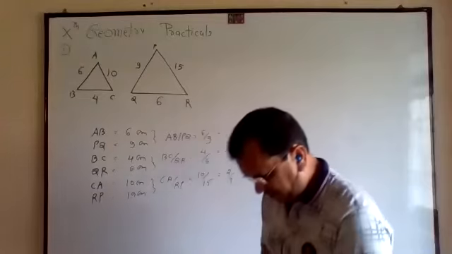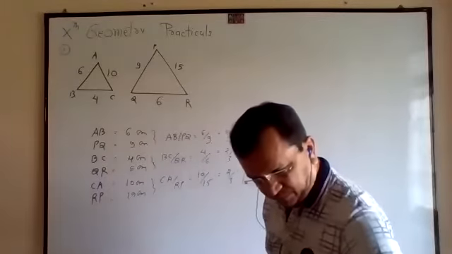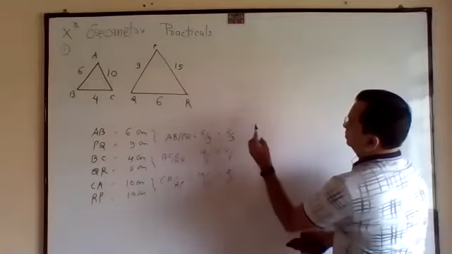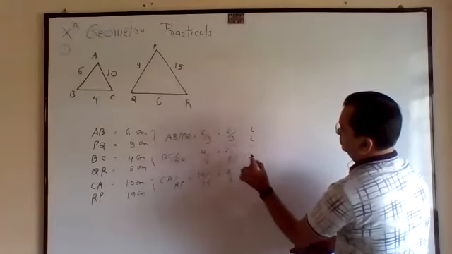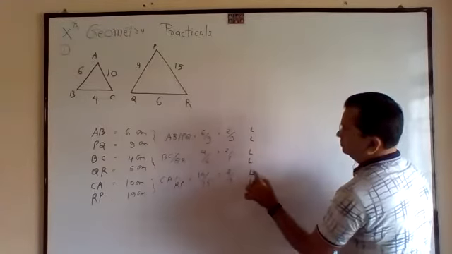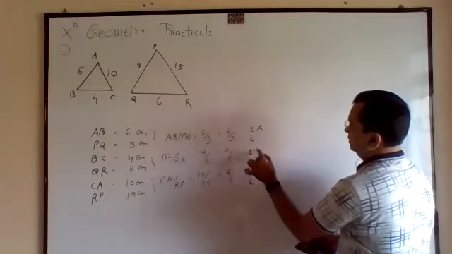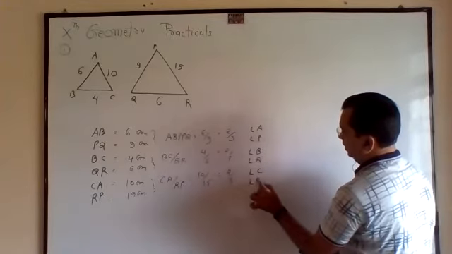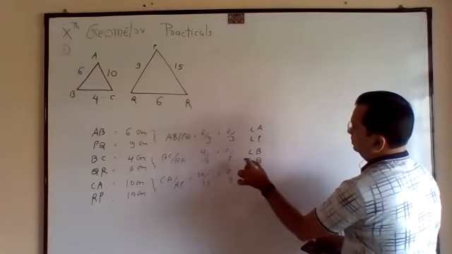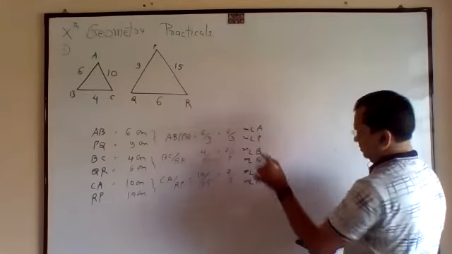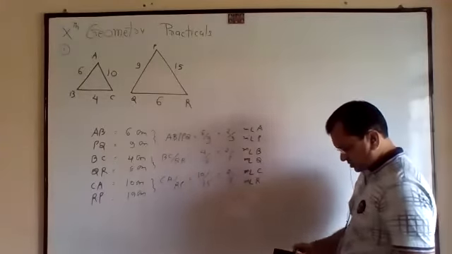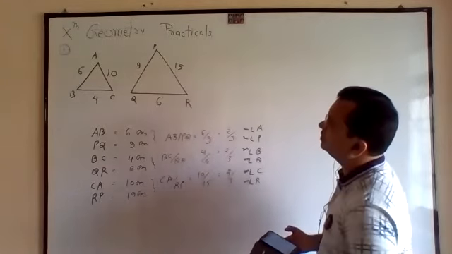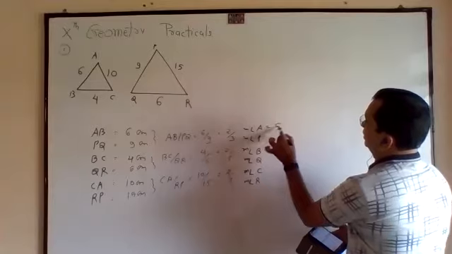Then you have to measure the angles, again two two. Here A, B, C, P, Q, R. So you can write 50, 50 degrees, for example.